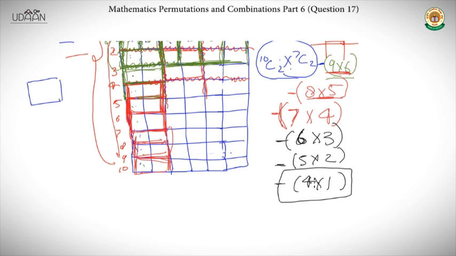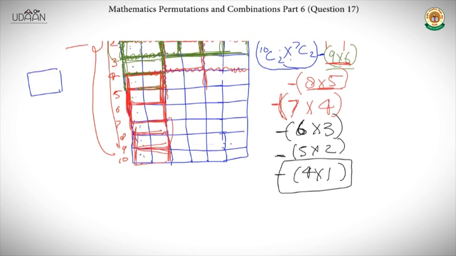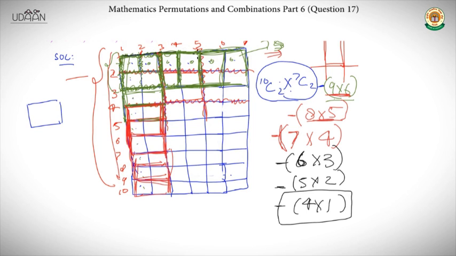So the termination step will be 4 into 1, because this is the case when the whole 6 into 6 square will be there. Okay. And we can form 4 along the column and 1 along the row, and we cannot have a 7 cross 7 square, because there are only 6 columns. Okay. So this is the termination step.